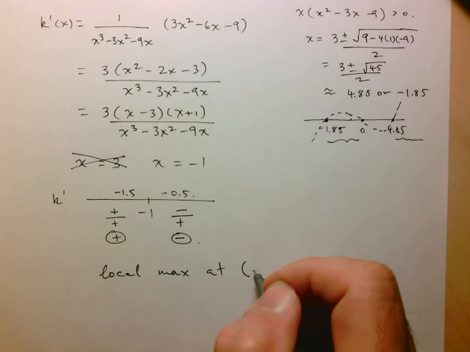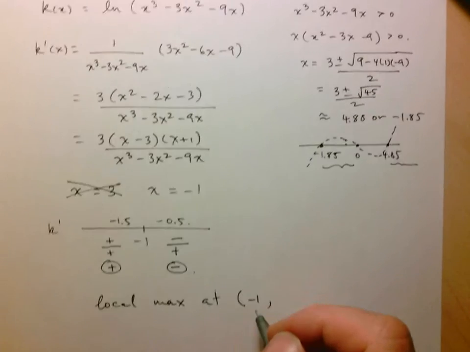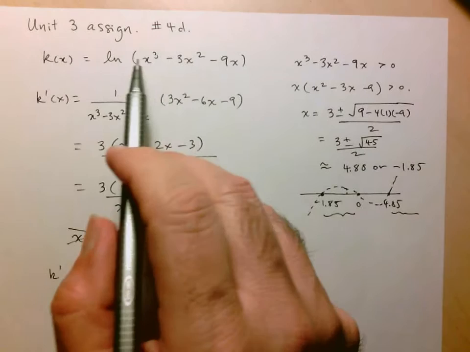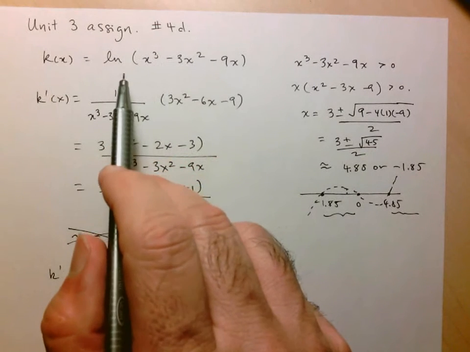They're asking for the critical point, so we need -1, and let's stick this back into our original function to get the y value.